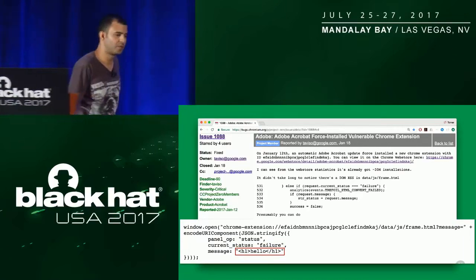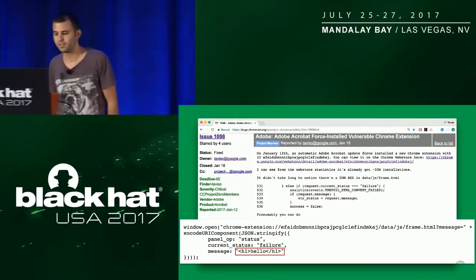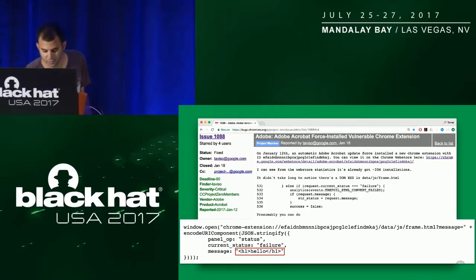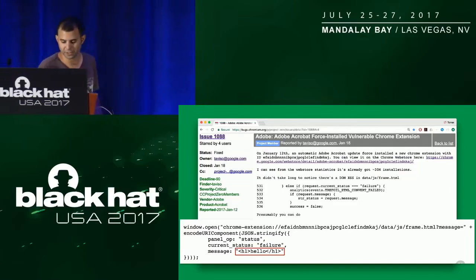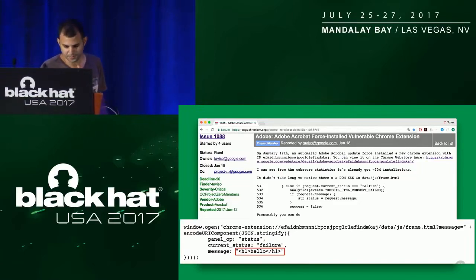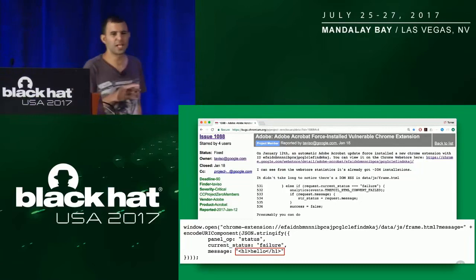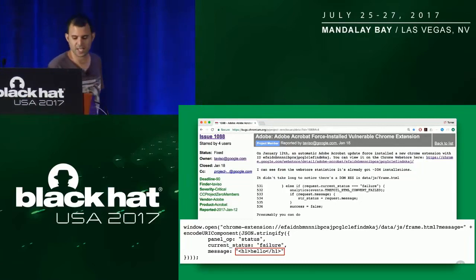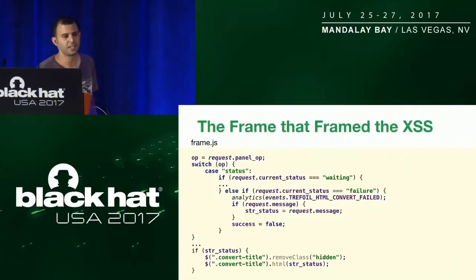If we put HTML here, it runs on the extension page. This vulnerability almost allowed universal XSS, but it didn't, at least from what I tried. Why? Let's see where the vulnerability is.